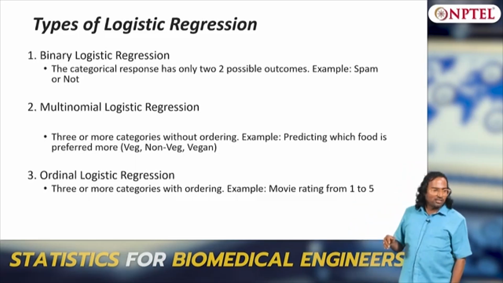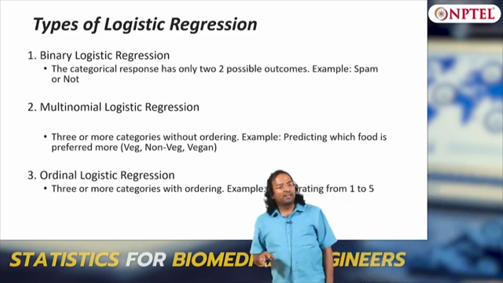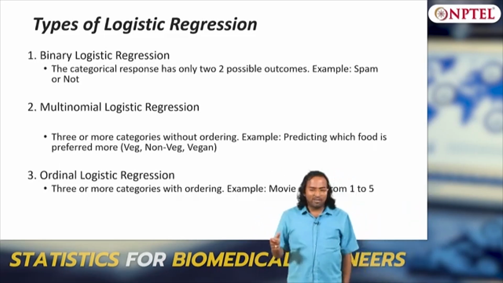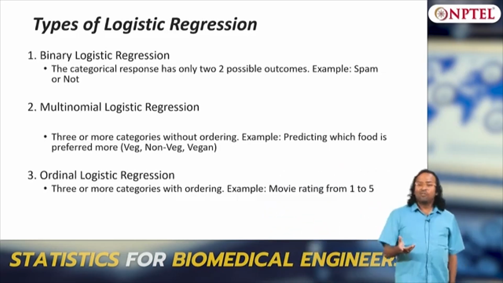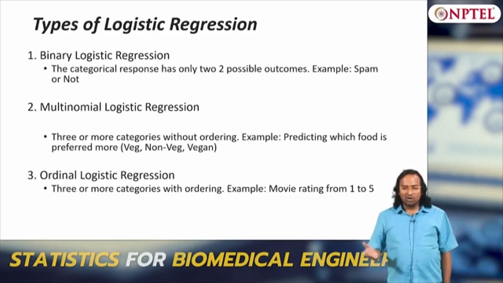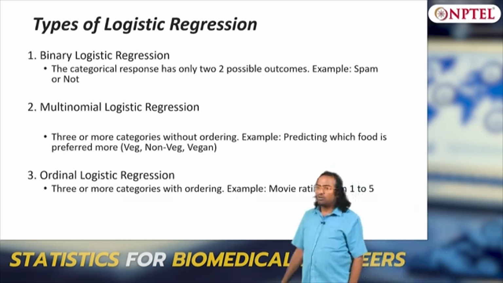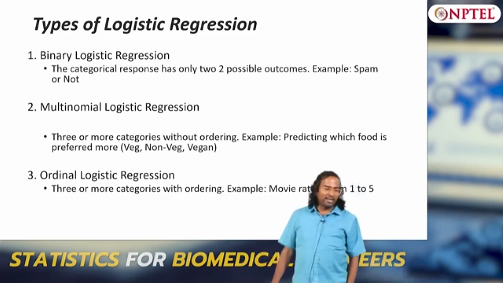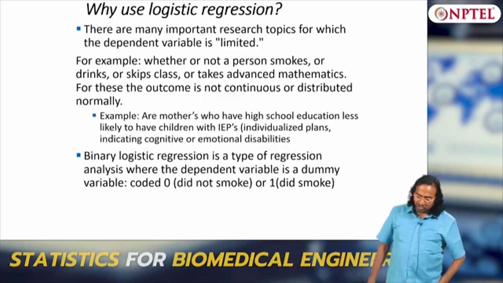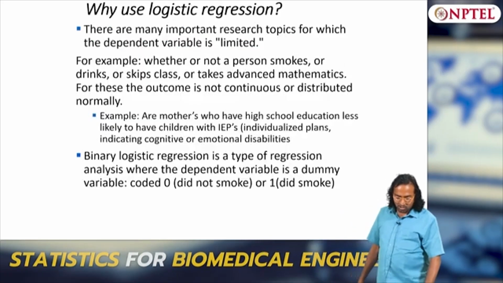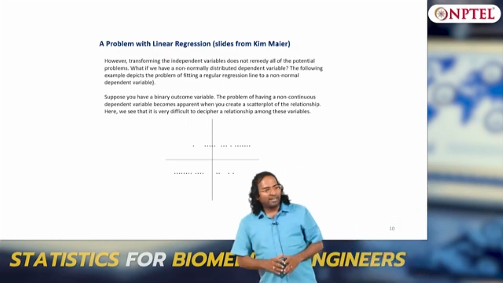This is also logistic, the output is discrete, but the numbers carry some value. 5 out of 5 is good, 4 is okay, like that. So there are typically 3 types of logistic regression: binary, multinomial, ordinal. Now we will only talk about a simple binary logistic regression.